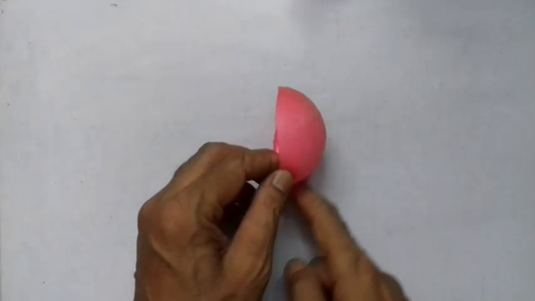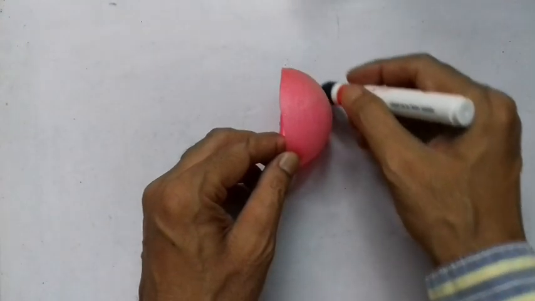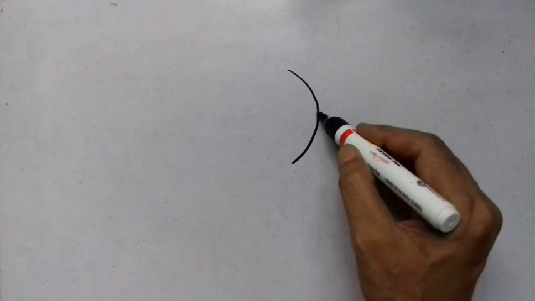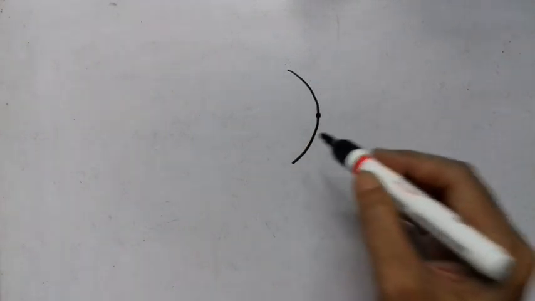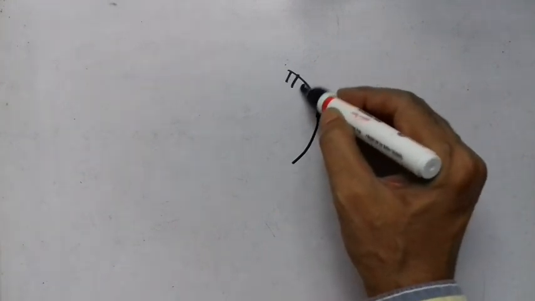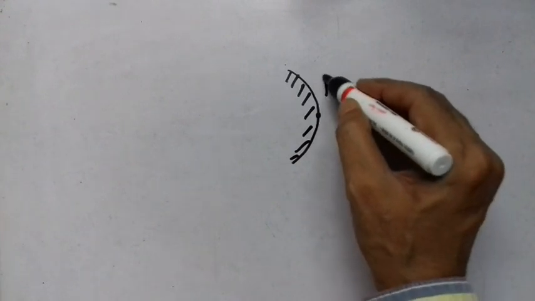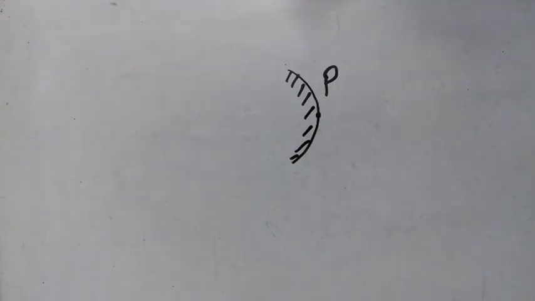We will draw the edge of the mirror like this. The center of this curved line, the geometrical center, is called the pole.